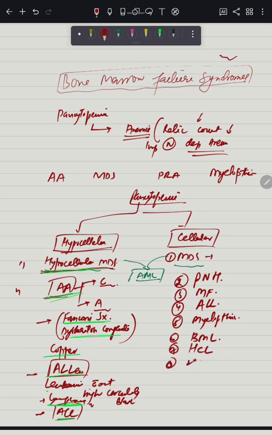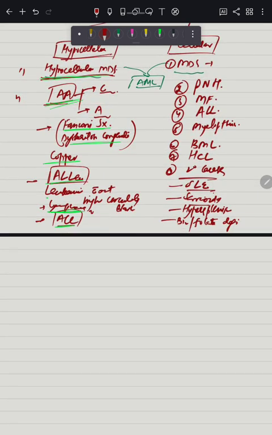Secondary causes, for example, SLE and sarcoidosis. Sarcoidosis can cause pancytopenia, SLE can cause pancytopenia, similarly hypersplenism. Hypersplenism and B12 folate deficiency both can cause pancytopenia with cellular marrow. Hypersplenism, B12 folate, sarcoidosis, SLE, and then copper deficiency.